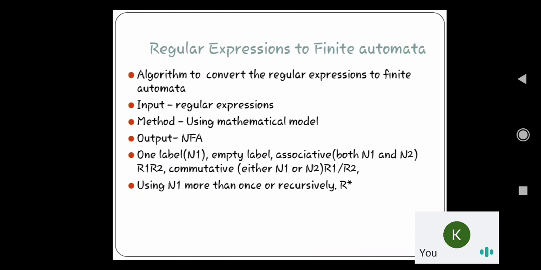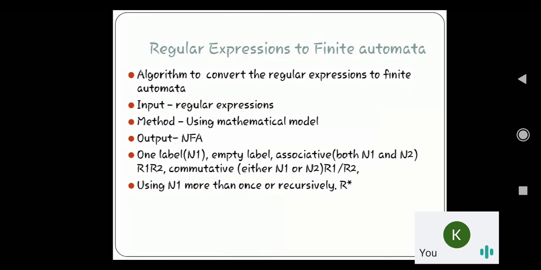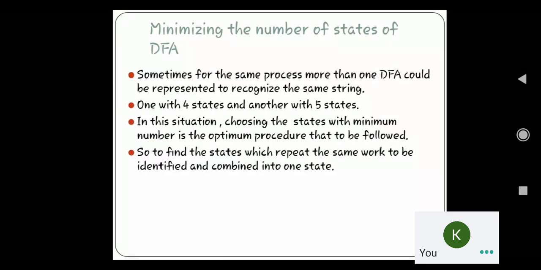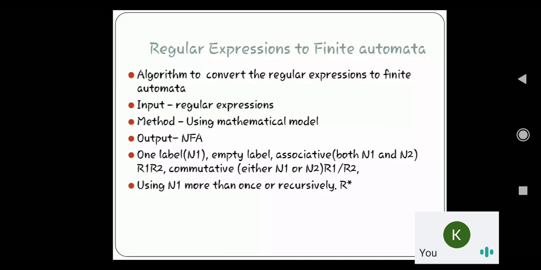Then I'm moving to the second one. In the second one, we have an initial state and a final state, but we are not going to move any label at all. That's why we mention it as an empty label.